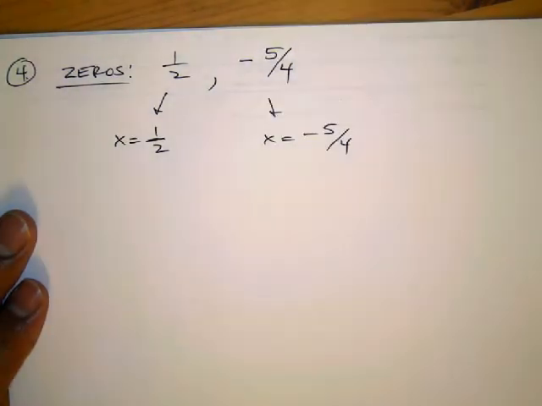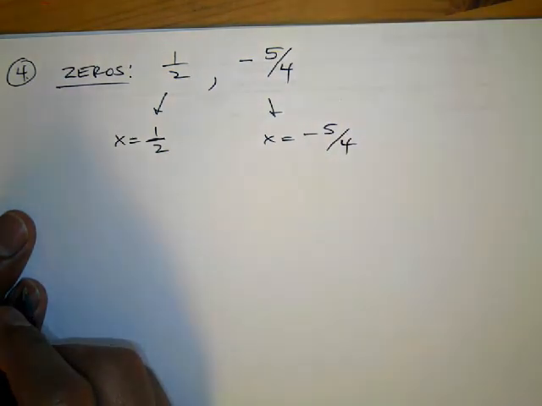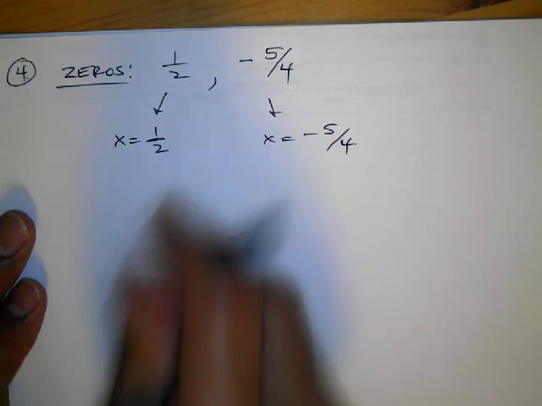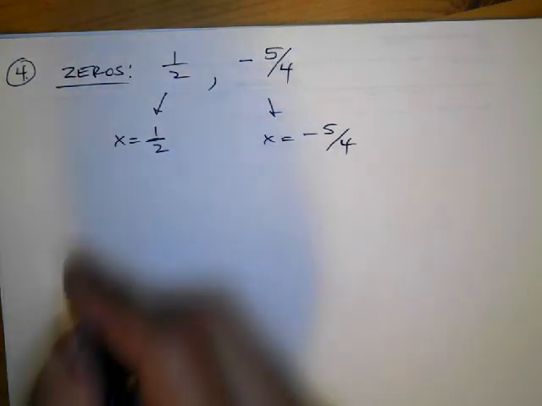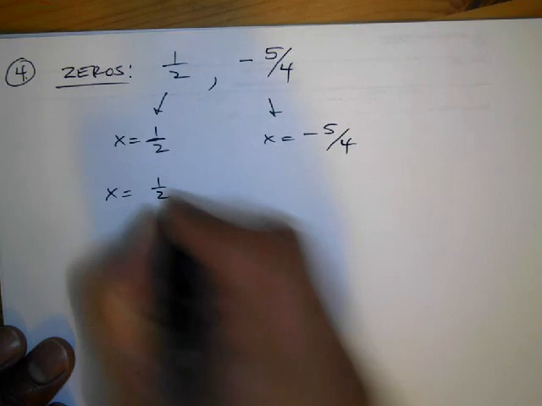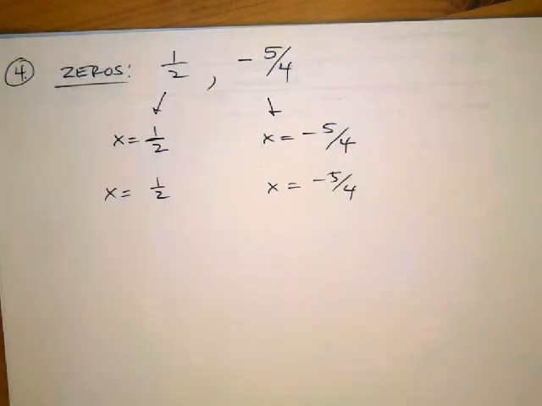All right, how do you find the polynomial function that has these two zeros? Well, that means x equals 1/2. That means x equals negative 5/4. At this point, you can get rid of the fractions if you want, right?